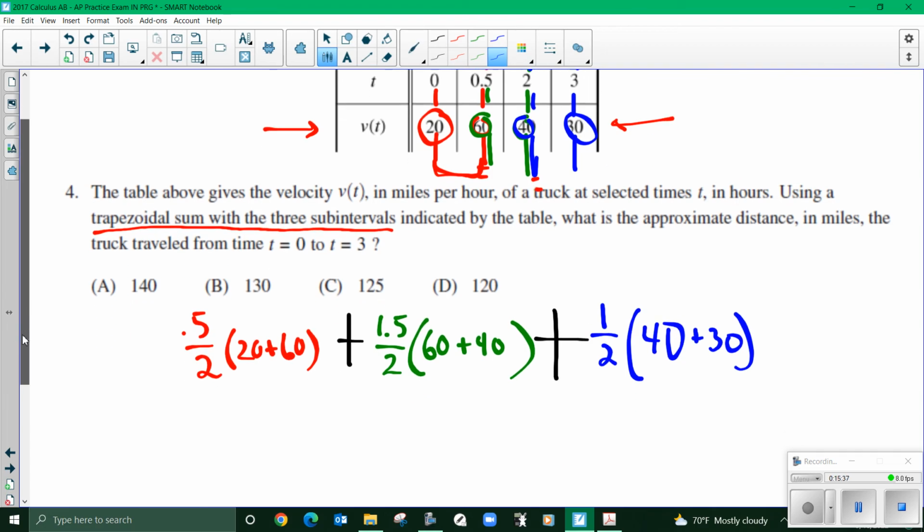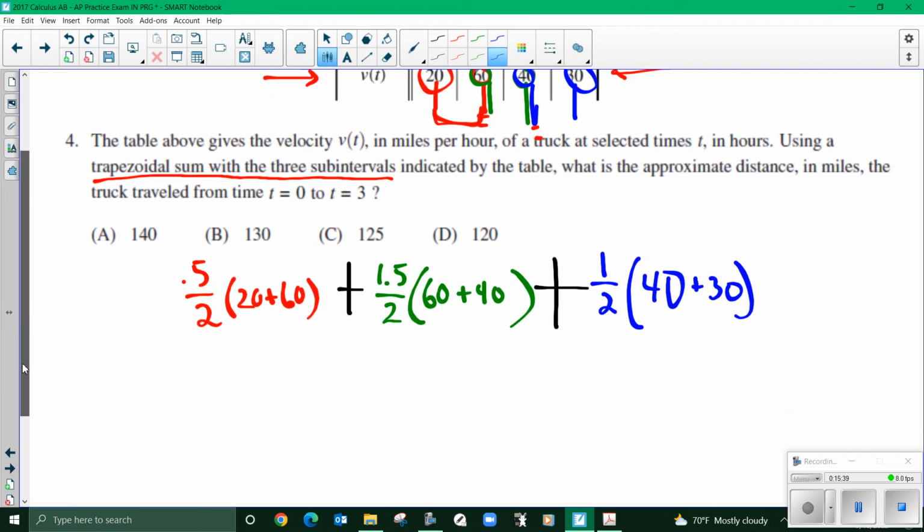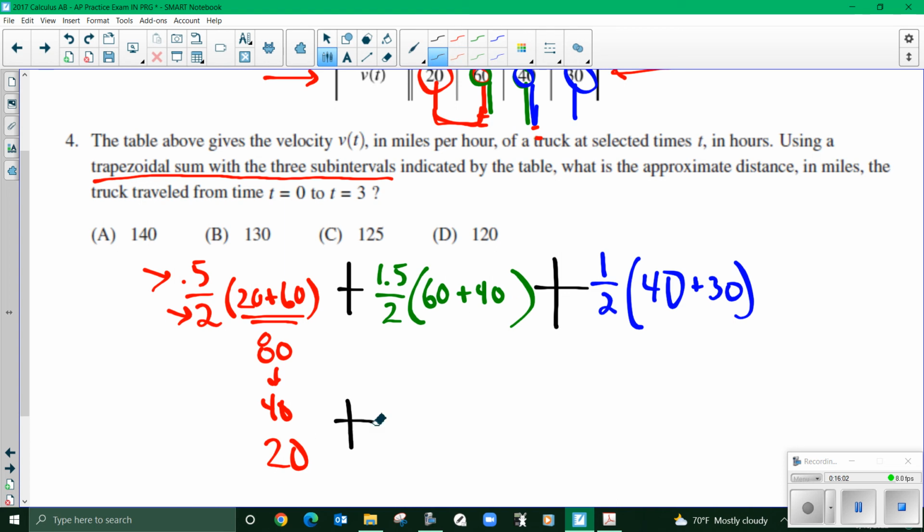Now, these are nice round numbers. Again, this is a section where you don't get a calculator, so they expect you to be able to do this. All right? So 20 and 60 is 80. I cut that in half, I get 40. And then I multiply it by a half. I end up with 20. Plus 60 and 40 is 100.